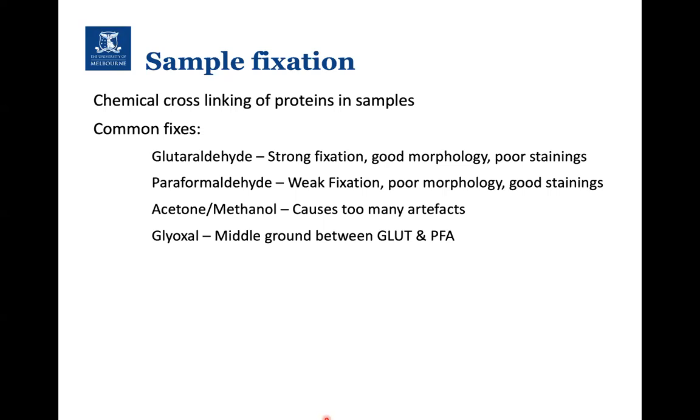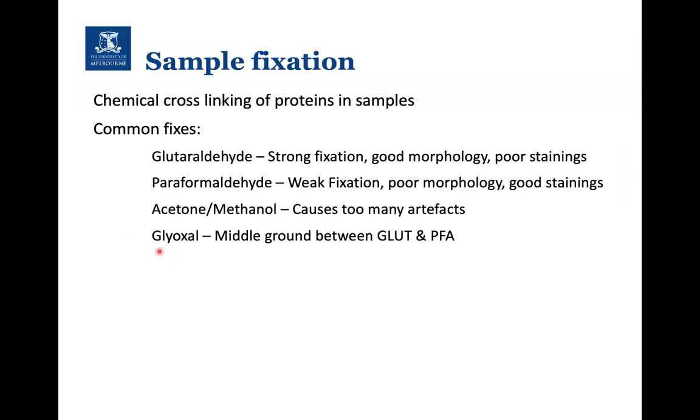So normally you'll find that a lot of protocols will use a combination of glutaraldehyde and paraformaldehyde together to get a kind of halfway house between those two fixatives. Some others that can be used are things like acetomethanol. These very often are very harsh fixatives and cause a lot of artifacts.